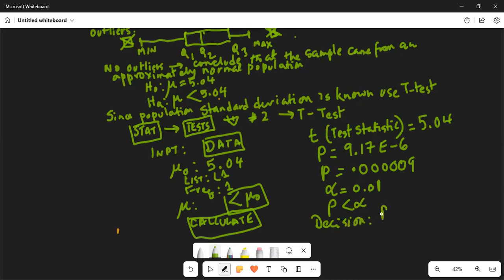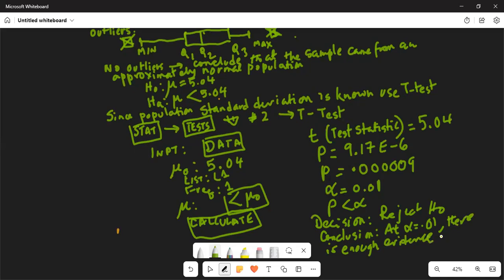And the conclusion: at alpha equal to 0.01, there is enough evidence to support HA. When we reject the null hypothesis, we support the alternate, HA, which states mu is less than 5.04.